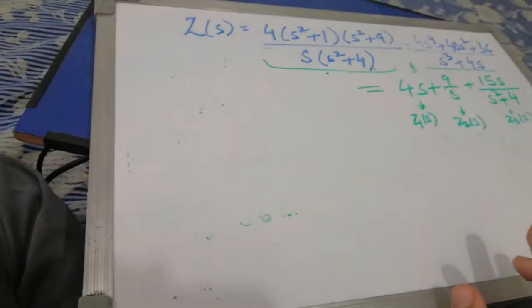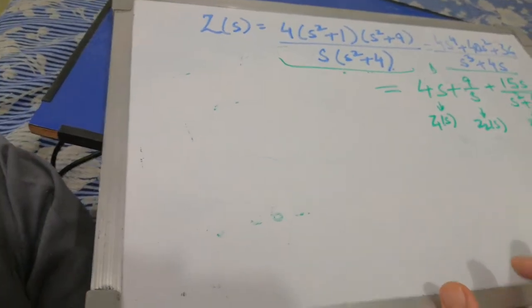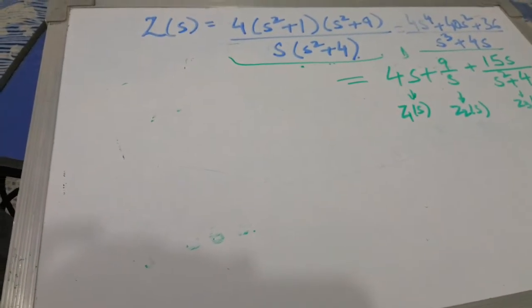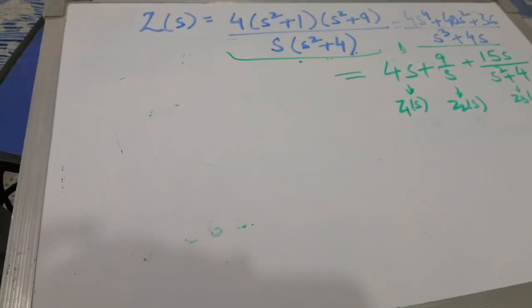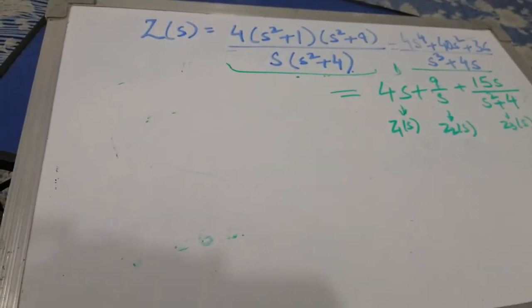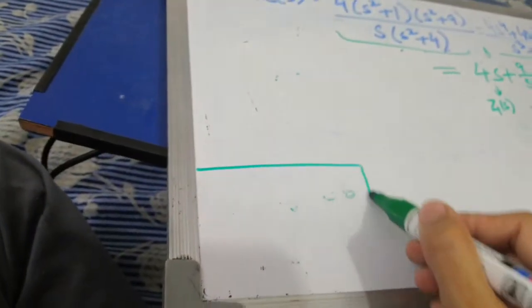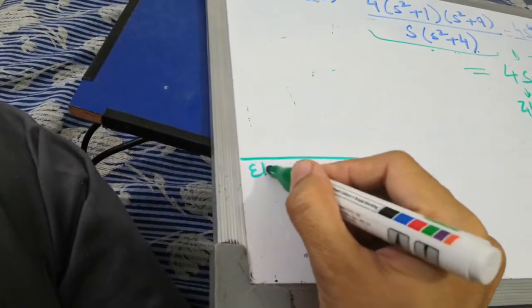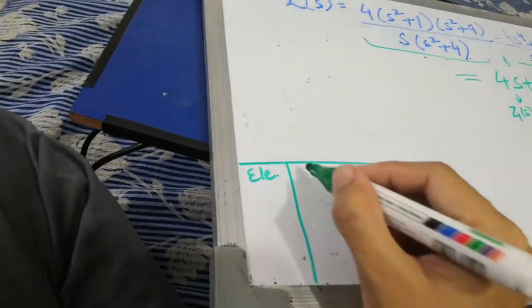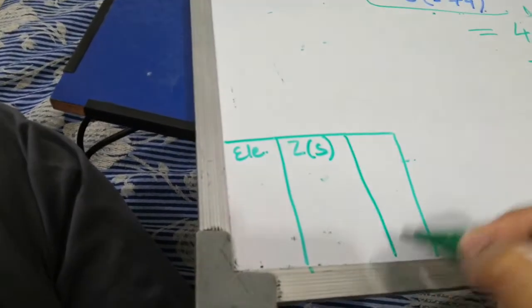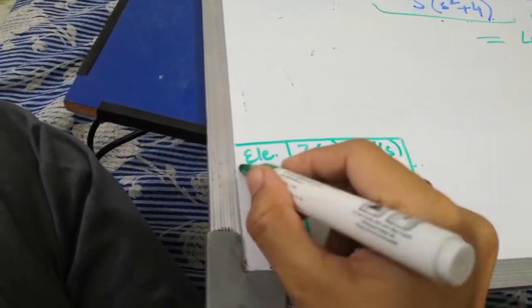Now I told you to learn a table that we are going to require again and again, of the elements. So I'm going to write it here. This is your element, this is Z(s), and this is Y(s).